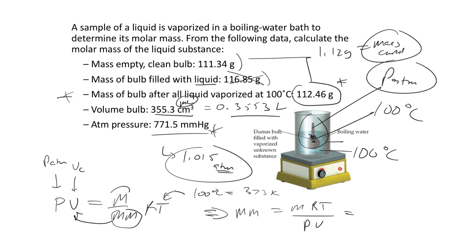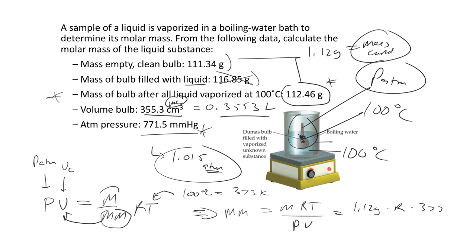And so the mass of the sample, 1.12 grams. I'm just going to write R, it's our usual gas constant. T is 373 Kelvin. And then the pressure is atmospheric pressure, but in ATM. And then the volume of the container is the value, and the reason why I converted to liters was I need this in liters to cancel into my gas constant.